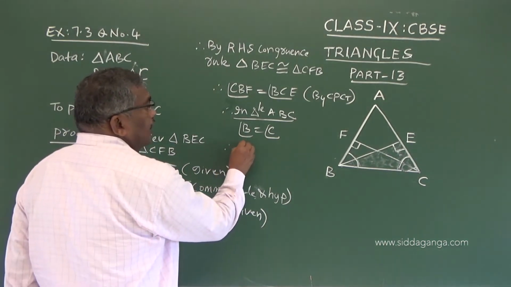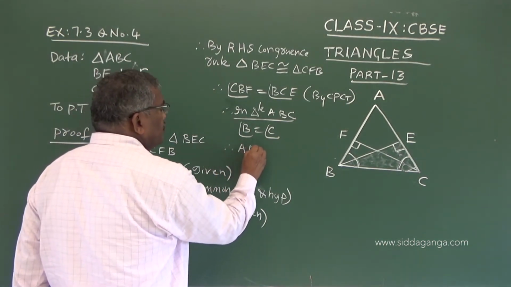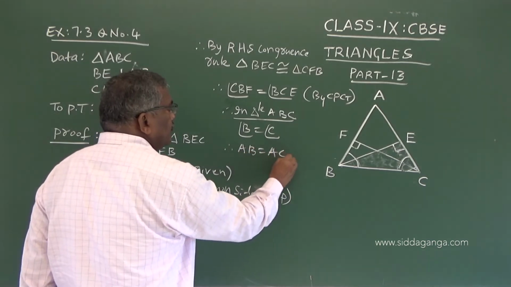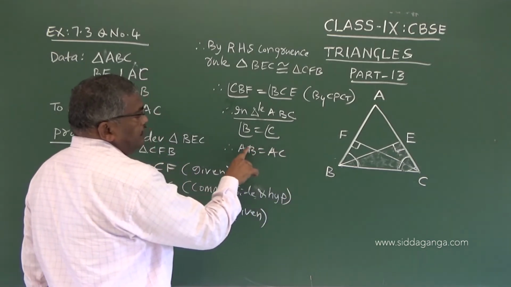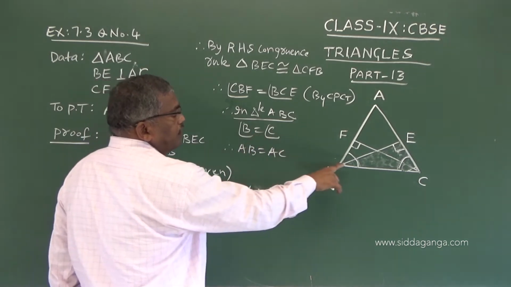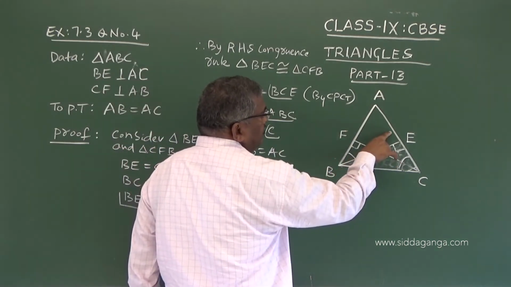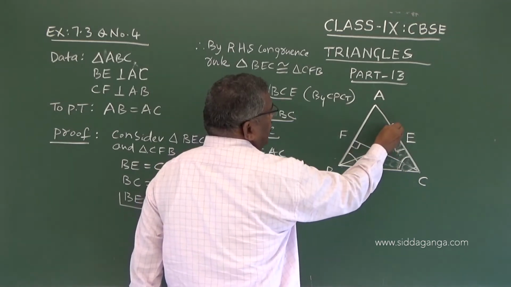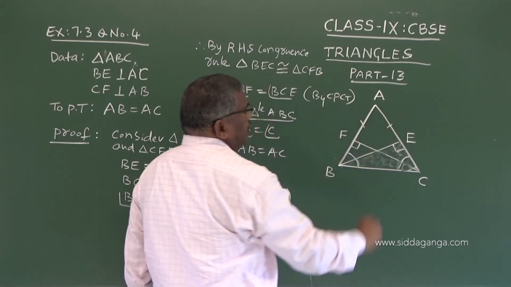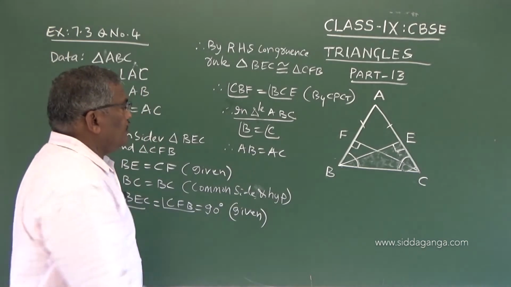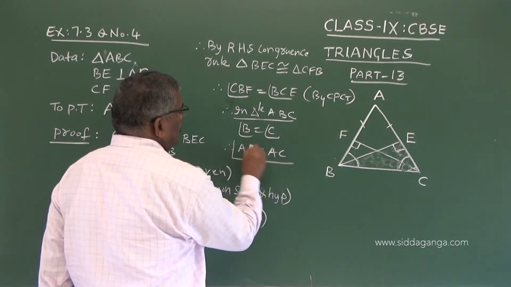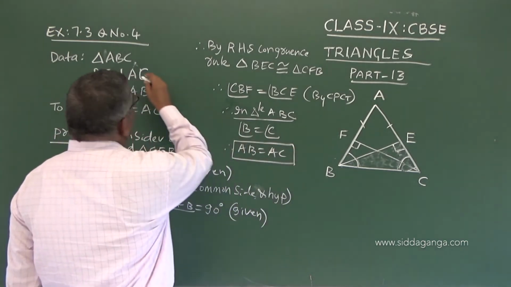So when angle B is equal to angle C, therefore AB is equal to AC. So the sides opposite to equal angles. So these two are equal angles. The sides opposite to equal angles are equal. So therefore AB is equal to AC. This is what is to be proved.